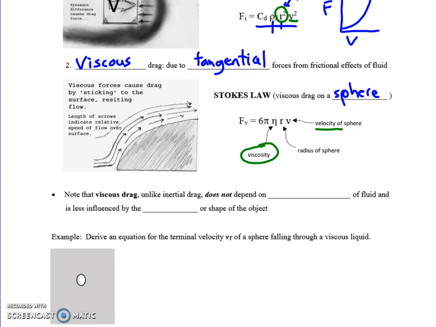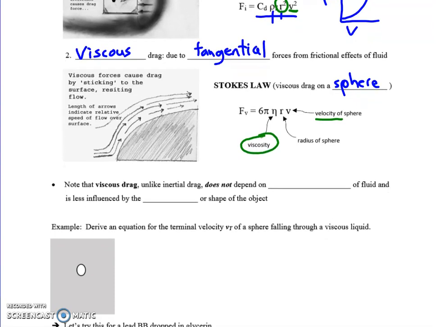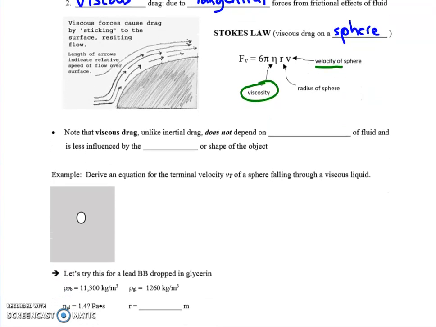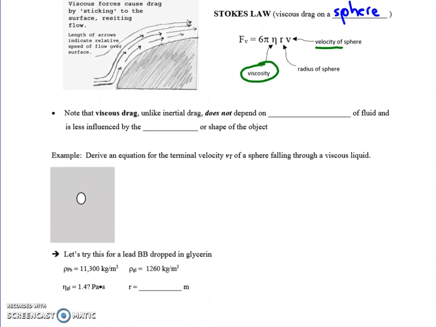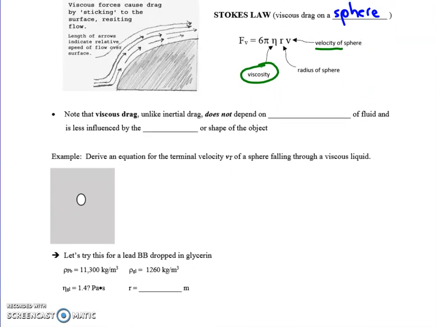Inertial goes by the square of it. Most of the drag we talk about with a car moving through the air is going to be inertial, but viscous is one we want to model here. So viscous drag, unlike inertial drag, does not depend on the density of the fluid and is less influenced by the size or shape of the object.